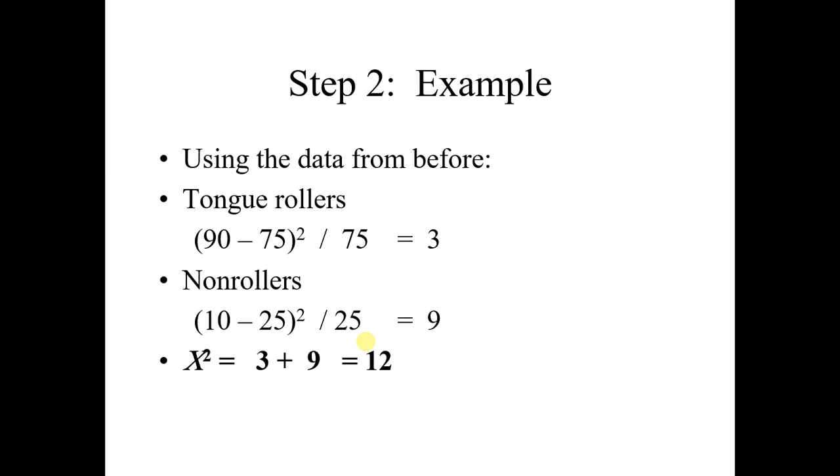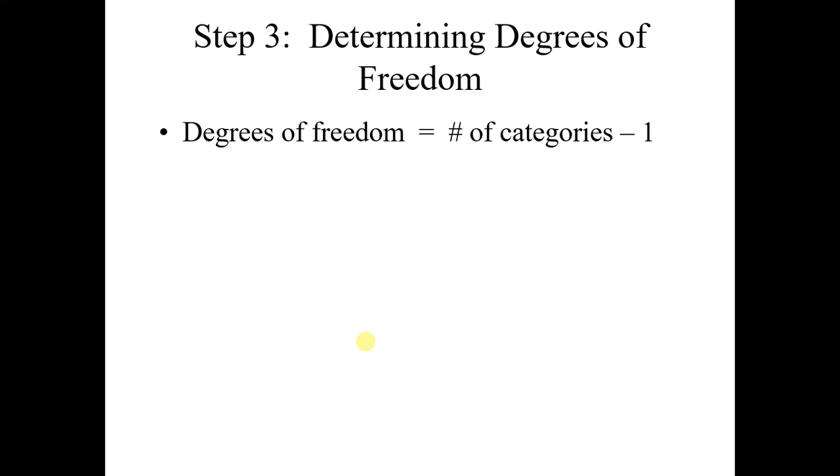The last thing we need to do is interpret it, which doesn't really involve any other calculations, but it's making an interpretation of that number. Where is the threshold of that number being big or being, quote unquote, little? Well, that's what we're going to find out. And that involves determining the degrees of freedom.